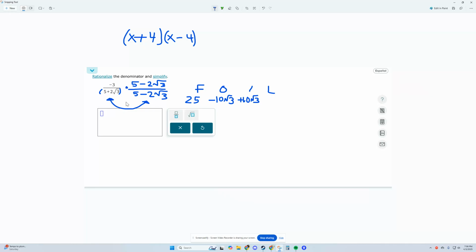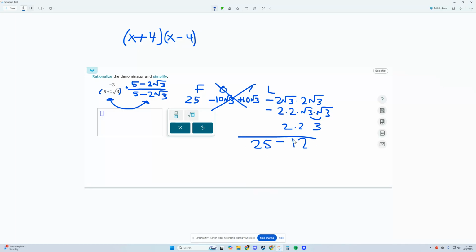And then finally, the last one would be negative 2 root 3 times positive 2 root 3. That's the same thing as 2 times 2 times root 3 times root 3. And now look, root 3 times root 3 is 3, times 2 times 2, that is 12. And these things cancel out. So it's actually just 25 minus 12 in the denominator.